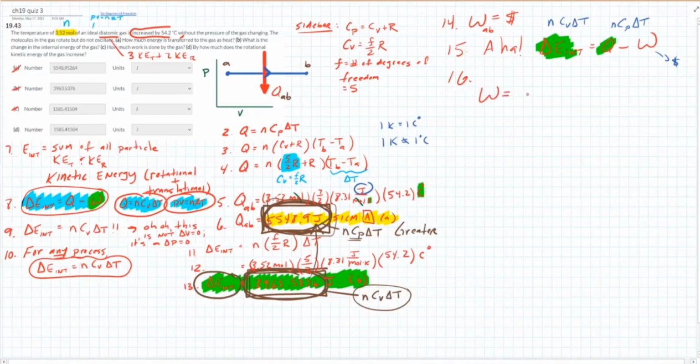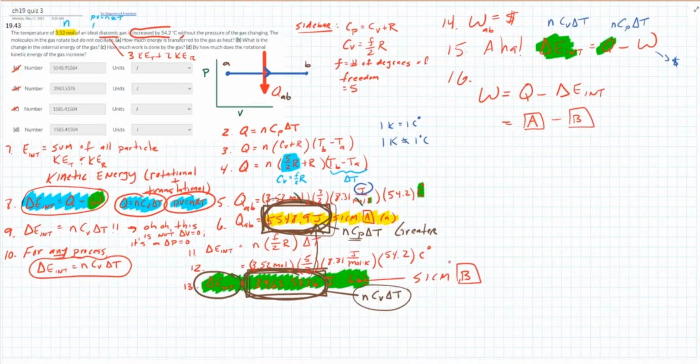W equals Q minus change in internal energy, equals that stored calculator number A minus stored B. And I better indicate this is stored in calculator memory location B. So if I do alpha A minus alpha B, I get the answer.